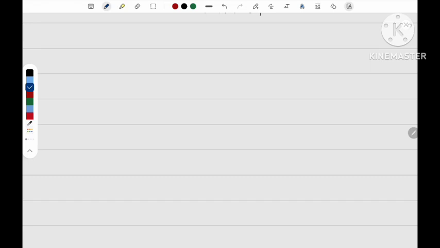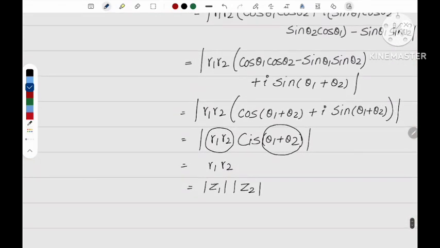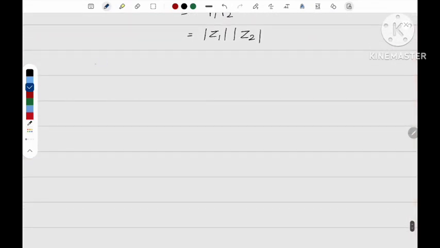Okay. So by that property number 1, if I extend this, then I get another property, the mod of z to the power n becomes mod of z to the power n, like this. This is clear, right?